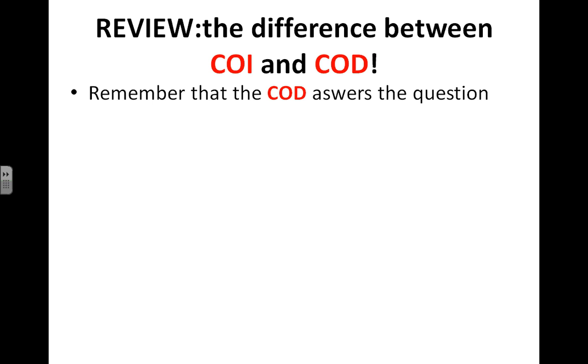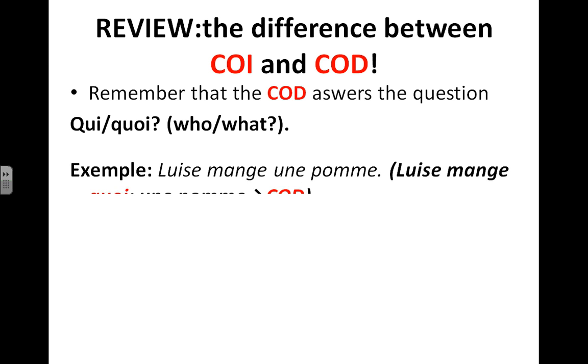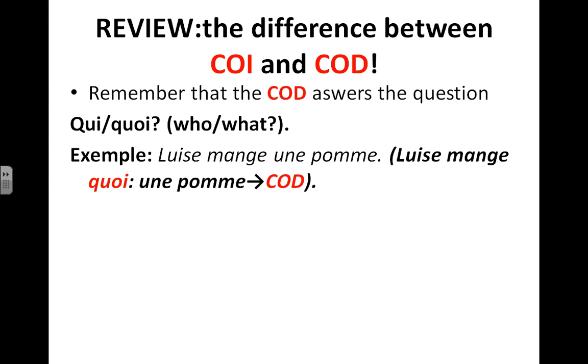So I said to you in the past that the COD answers the question qui, quoi, who, what in English. What does that mean? Let's explain that. If you have an example here, Louise mange une pomme. Louise mange quoi? Une pomme. That's your COD.